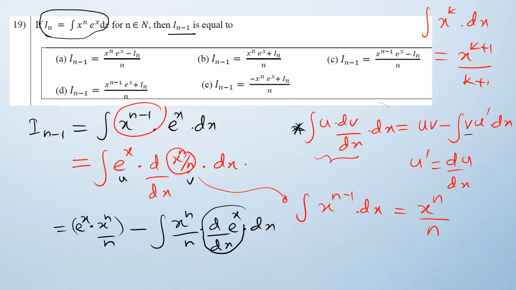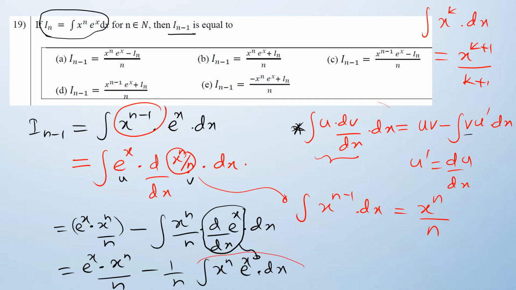When you simplify this, we have e^x x^n over n minus 1 over n, a constant, times the integral of x^n e^x dx.